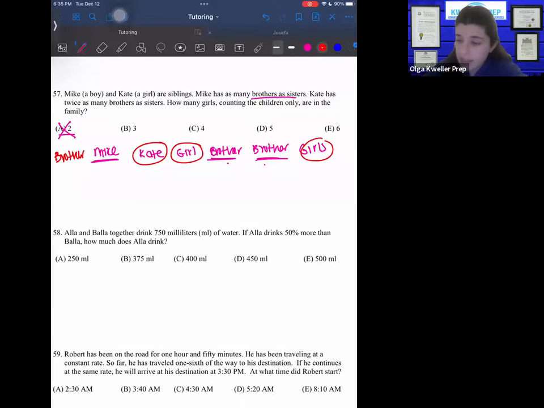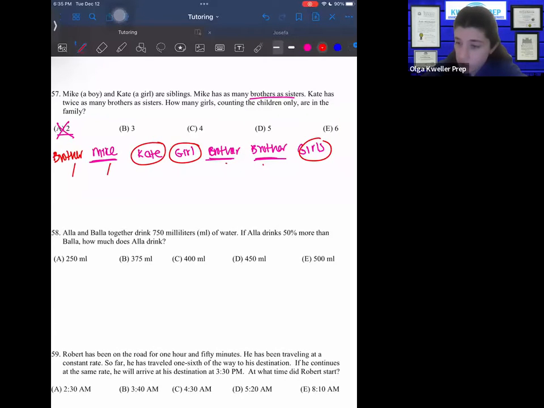And that means Kate has 4 brothers and 2 sisters. So 2 sisters, 4 brothers, and she has twice as many brothers as sisters. That's true. So 3 works. So we don't have to go much further, and we can just go on to the next question.